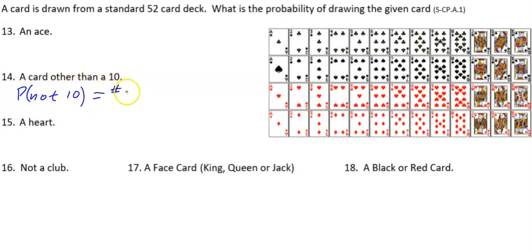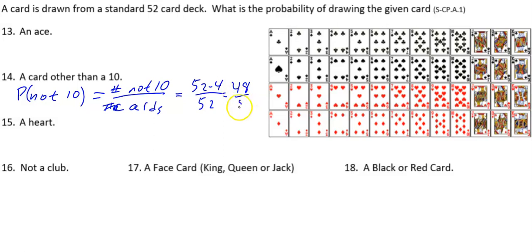What I want is the cards that are not 10 over the number of cards. How many cards are not 10? I could count all the cards that are not 10, or I could go, hey, there are 4 10s. There are 52 cards. Take away the 4 I don't want and put that over 52. 52 minus 4 is 48. Divide that by 52, and I am going to get 12/13ths.